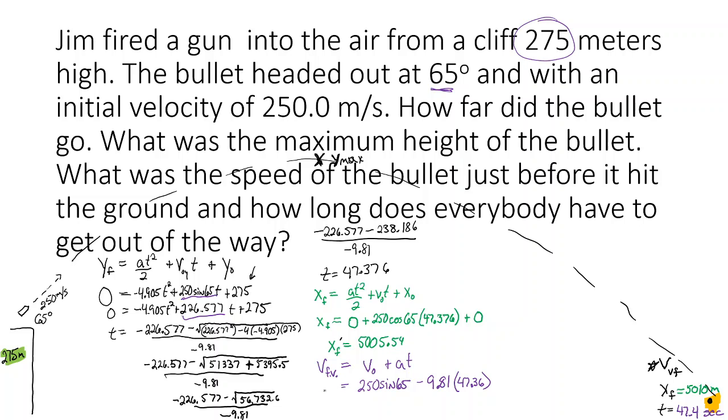Okay, we do a little bit of math. I already calculated 250 sine 65 to be 226.577. 9.81 times 47.36 equals negative 464.6016.